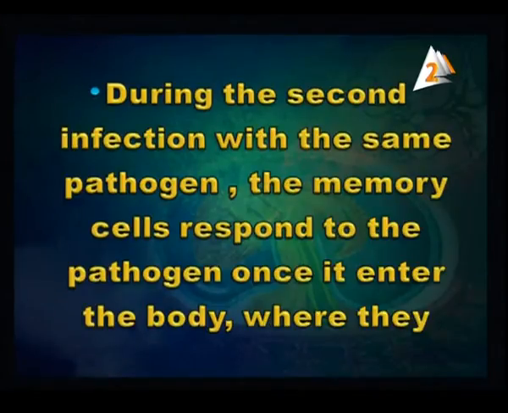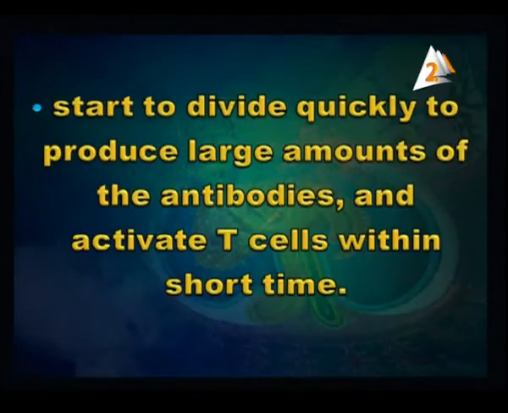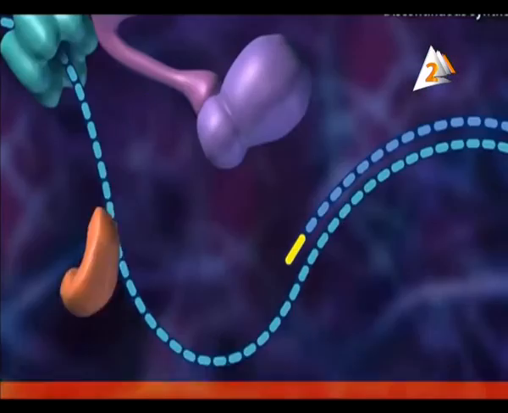During the second infection with the same pathogen, the memory cells respond once it enters the body, where they divide quickly to produce a large amount of antibodies and activate T cells within a short time. So these are the characters of the memory cells.